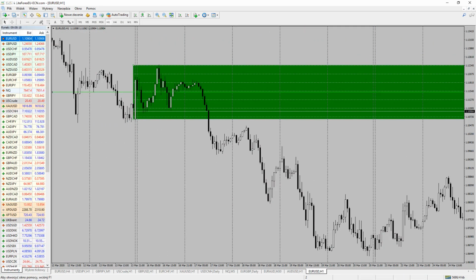Okay, so also here we see that we have this huge consolidation going on, and as you can see, we're still talking about the mid of that, right?